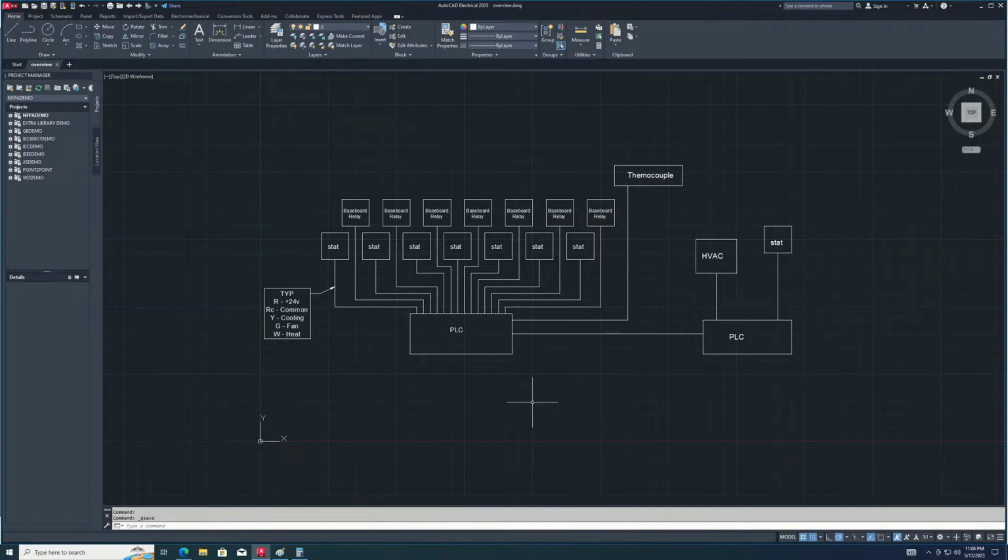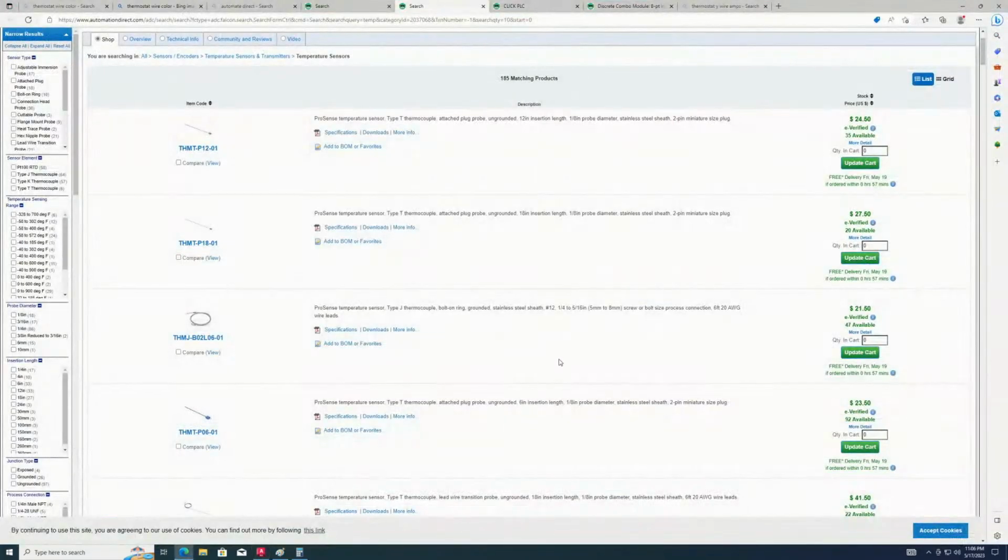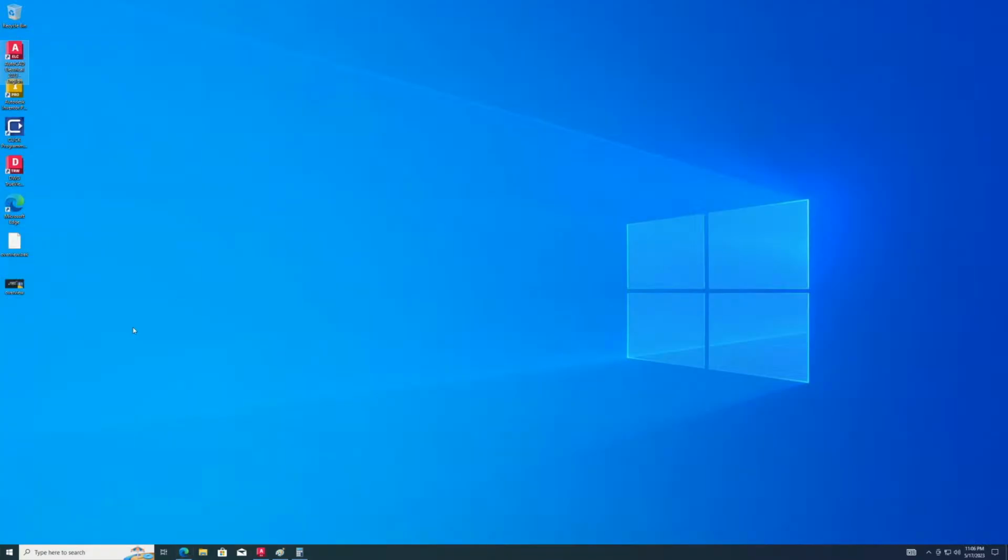All right. Cool. So we got that done. That's the basic block diagram.